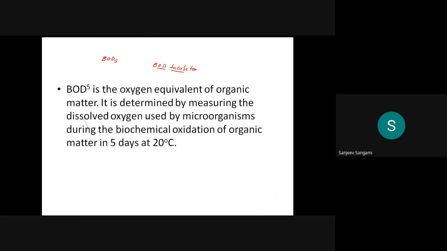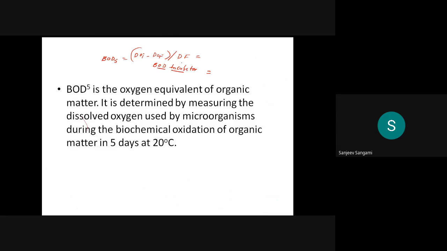Then after 5 days, the formula for BOD5 is DO initial on the first day minus DO final, divided by the dilution factor.